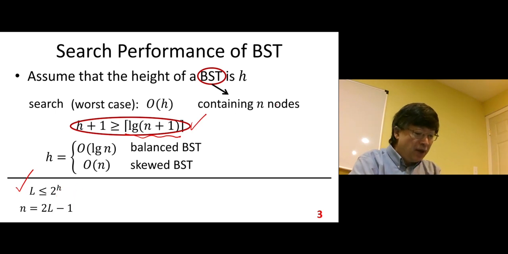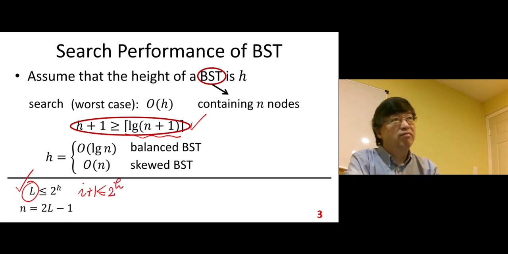Because L is less than or equal to that, that means the maximum L cannot be greater than that. The maximum number of internal nodes plus 1 is less than or equal to 2 to the h.